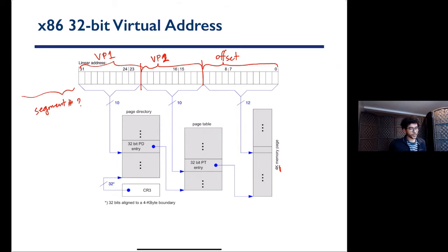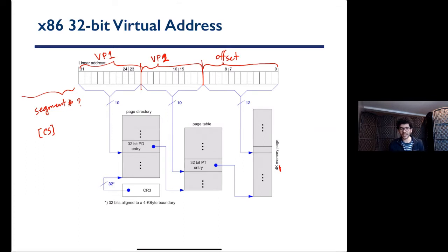The segment number is put into registers. So you have a stack segment, you have data segment, you have code segment. For example, CS, code segment, is a register. So you can put the segment number in that register, right? So it's kind of like cheating.